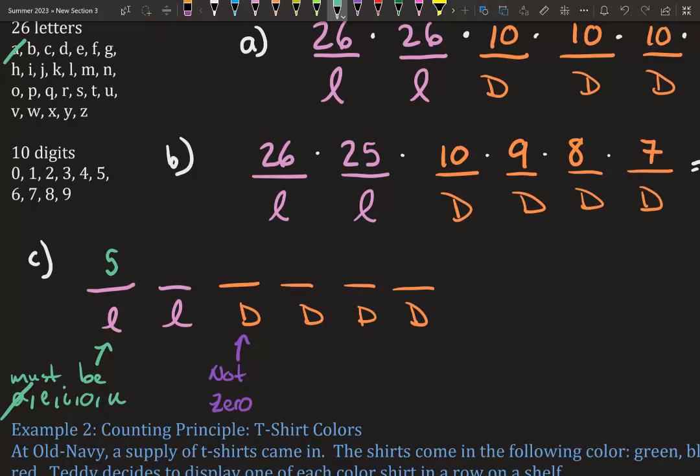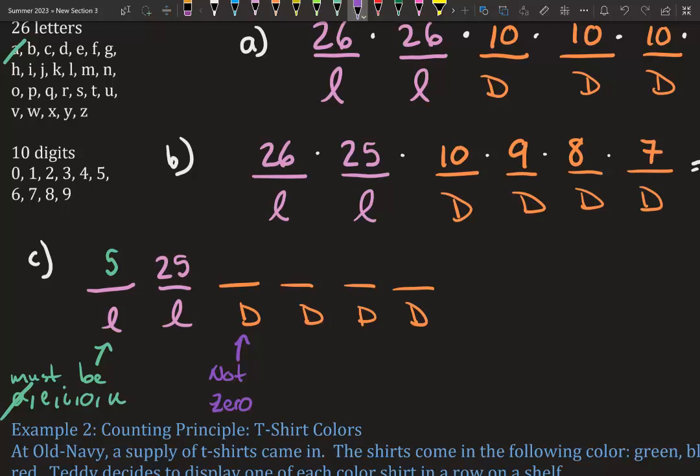The second letter can be anything you want it to be, but I already chose A for the first one, so I can't choose it again. Out of all the letters, we have 25 left to pick from.